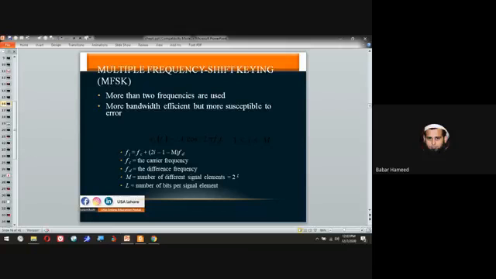It is basically 2 raised to power L. And what is L? The number of bits per signal element. As I discussed earlier, for a 2-bit signal element, the maximum number of signal elements will be 4, 2 raised to power 2.